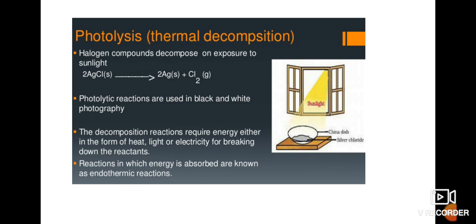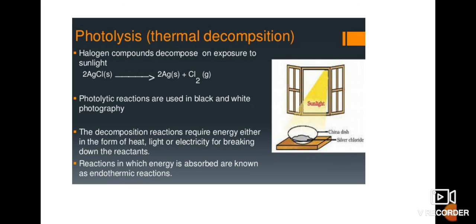Now the final type of reaction is called photolytic decomposition, that is using light to decompose. A very simple example has been taken for silver chloride or silver bromide. When exposed to sunlight, silver chloride or silver bromide will change its color from white to a grayish color, releasing silver and chlorine.